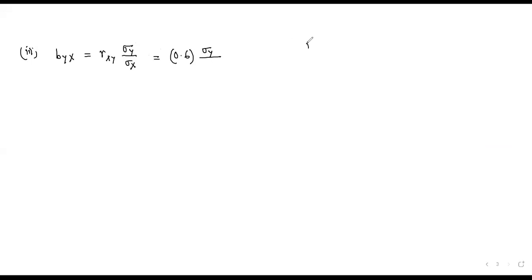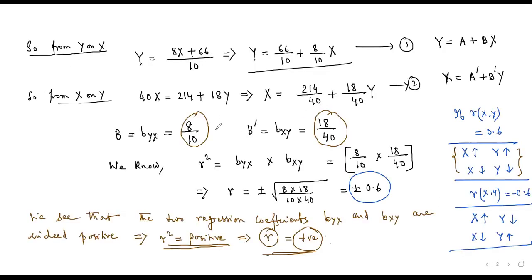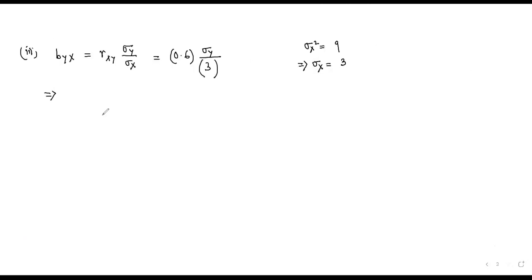Sigma x square, the variance of x, was given to be 9. So this implies that sigma x is 3. So we can put it over here. Sigma is positive, so we are considering the positive square root only. And byx is actually having the value 8 by 10, that is 4 by 5. So in place of byx, we can write 4 by 5.